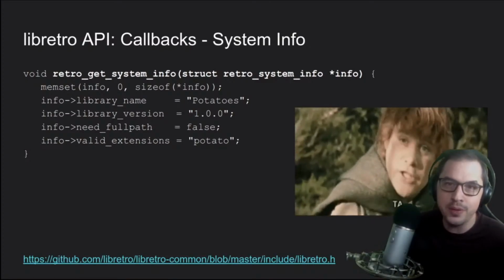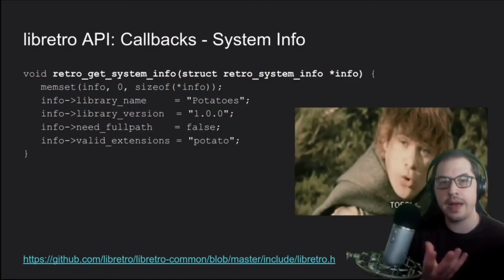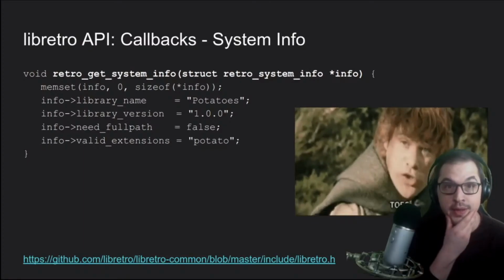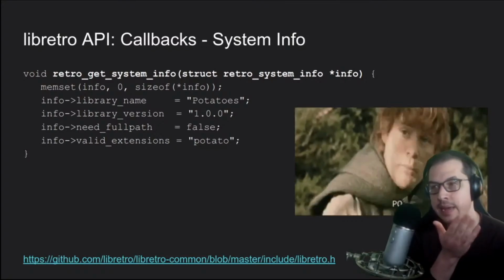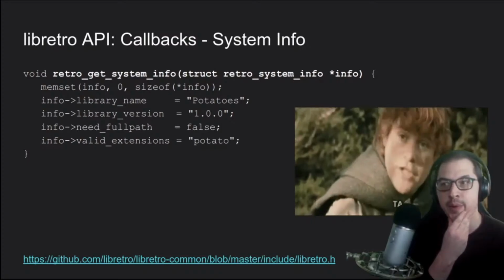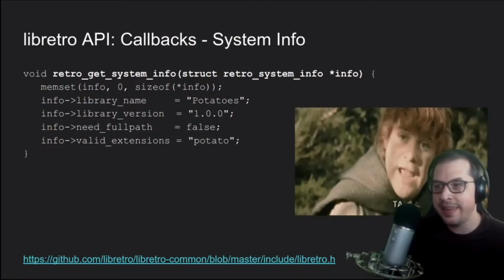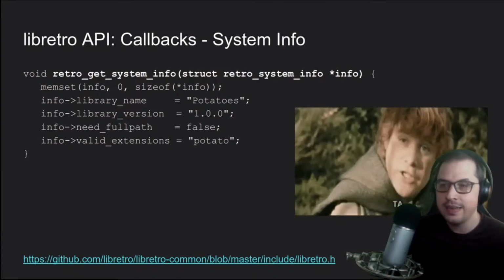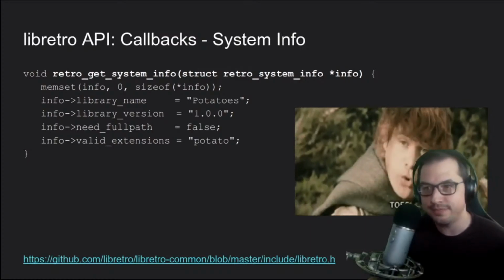When a front end boots up a Libretro core, it will call this function just to acquire some information about what the core is, like the library name. In this case, we have potatoes as the library name, the core name. We're also defining the version and any valid extensions. So in this case, we'll be loading .potato files.